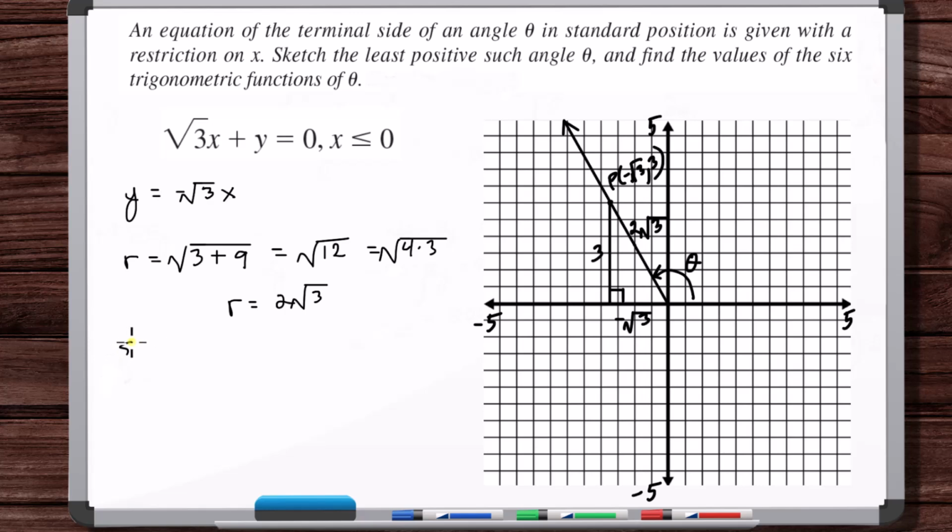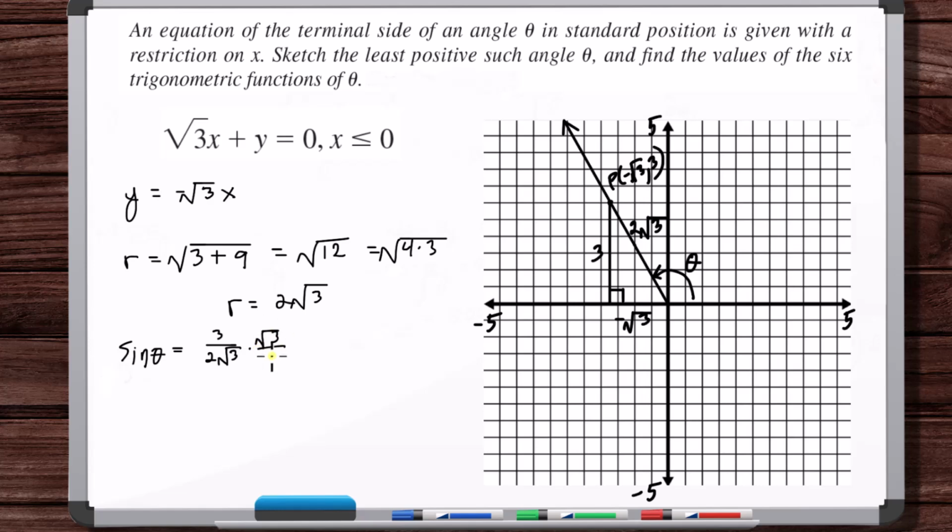Okay, so sine of theta is equal to, come to this angle, opposite over hypotenuse. So 3 over 2 root 3, so root 3 over root 3, you've got 3 root 3 over, let's multiply this out.